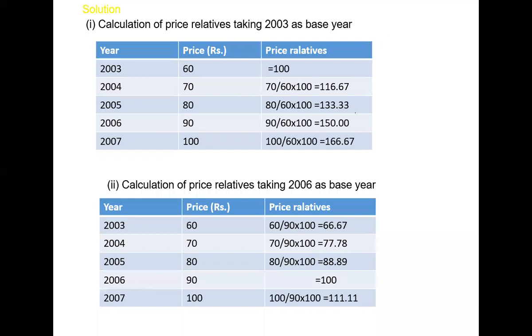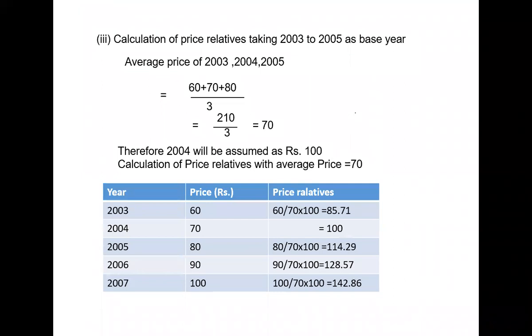Now, moving on, the next one is to use 3 years as the base year, okay? What you do is you find the aggregate of the 3 years. So you pick the 3 years, from 2003 to 2005. The prices were 60, 70, and 80. Add them and divide by 3, that will give us 70, okay?